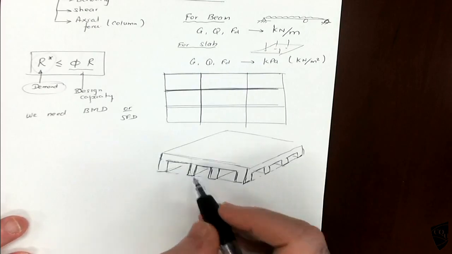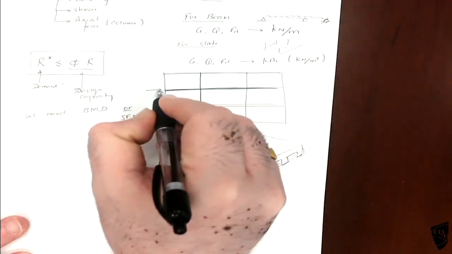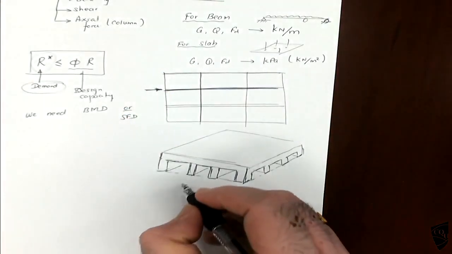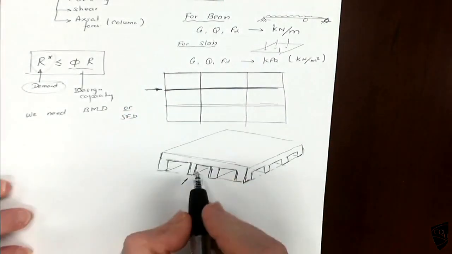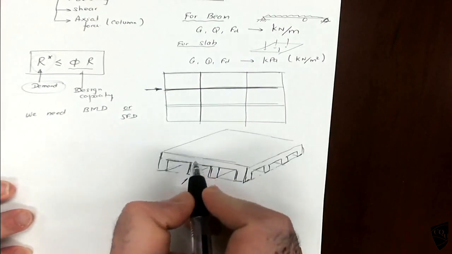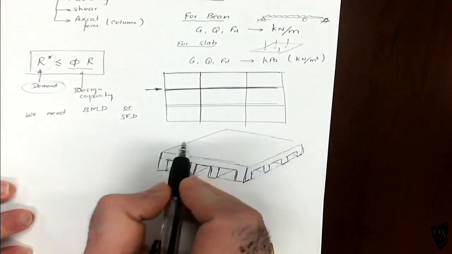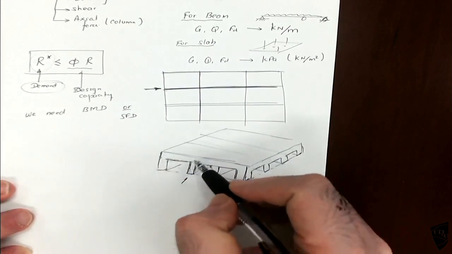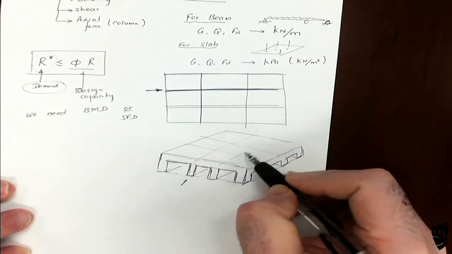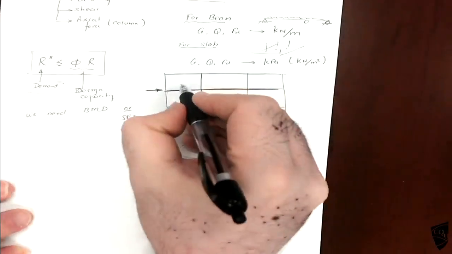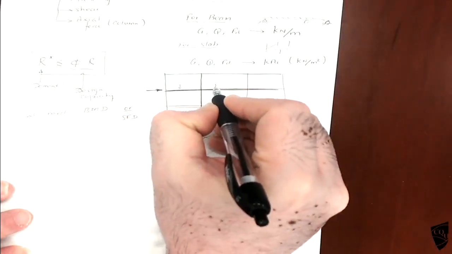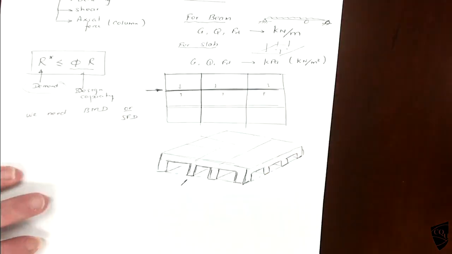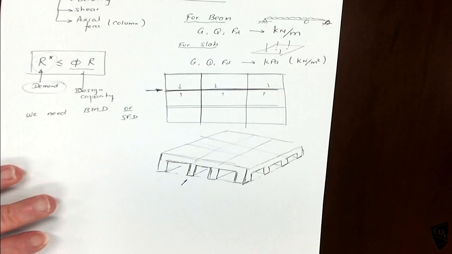If you look at this beam, normally the loads come from the slabs. For this beam, the loads come from this slab and this slab, so it comes from both sides.